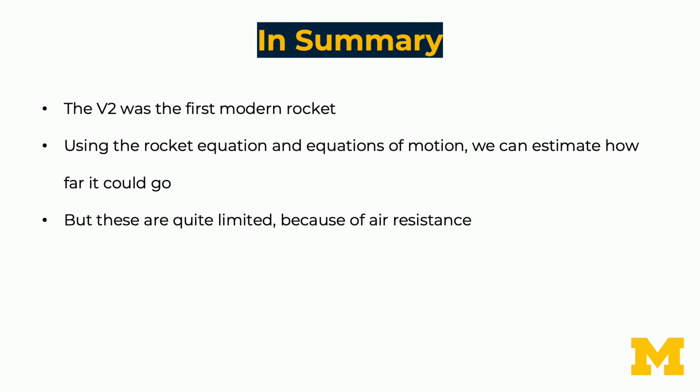So in actuality, the Germans calculated approximately how far it would go using these equations, and then they started launching some to figure out how far it would actually go in reality because of air resistance.